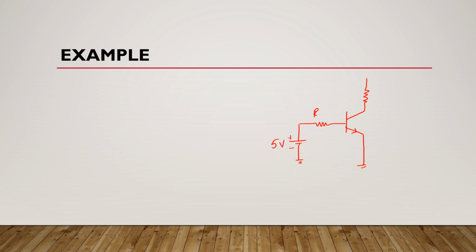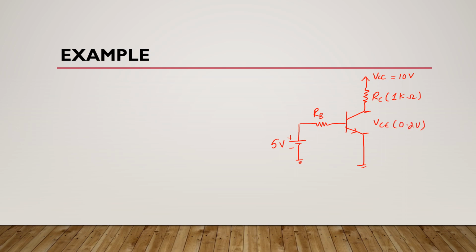Here we have RB, here we have RC, and suppose it is 1 kilo ohm. Here we have VCC, and suppose it is 10 volts, and we know that the voltage drop between these two terminals is VCE, and suppose it is 0.2 volts.